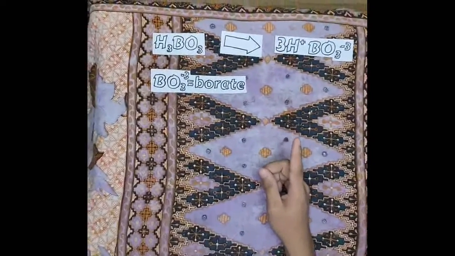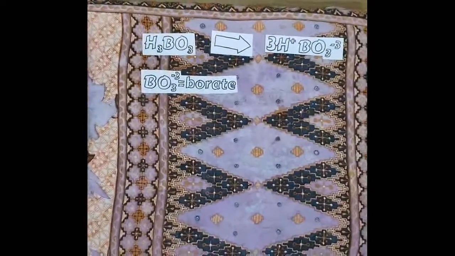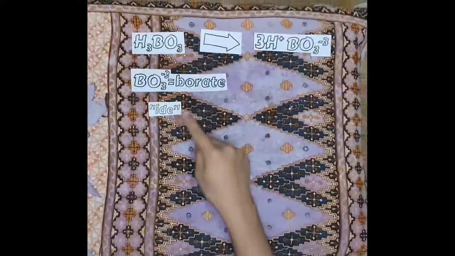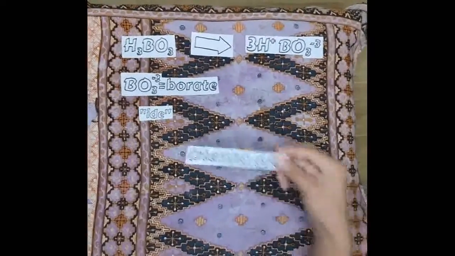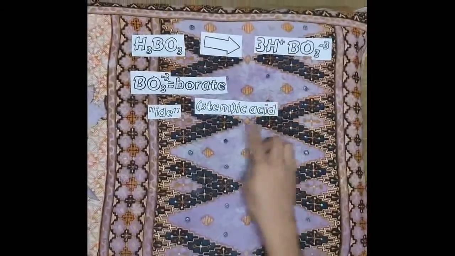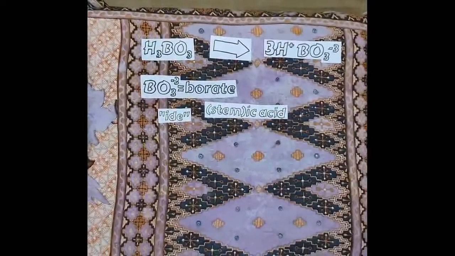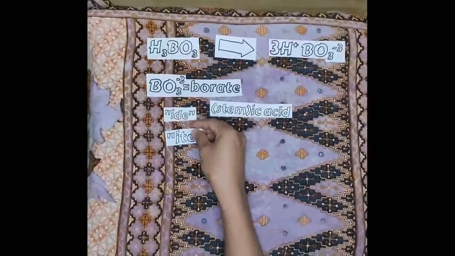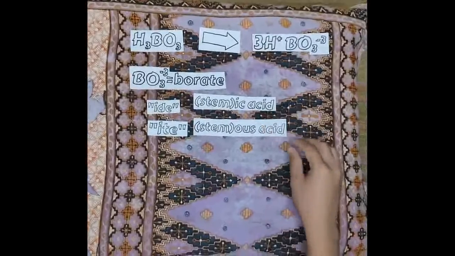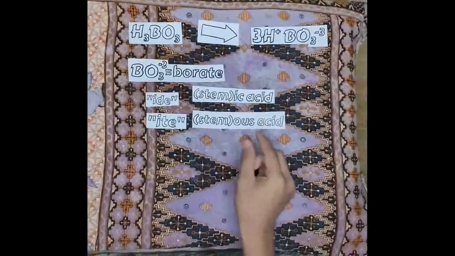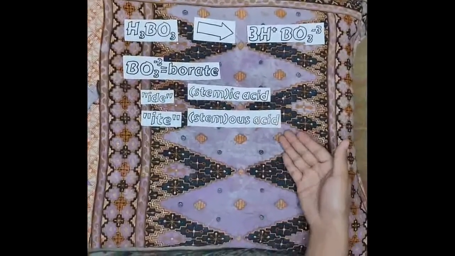In naming common acids, when an ion ends with "ide", it should be like this: the root word of the element, "ic", acid. When it ends in "ite", it should be like this: the root word of the element, "ous", acid.